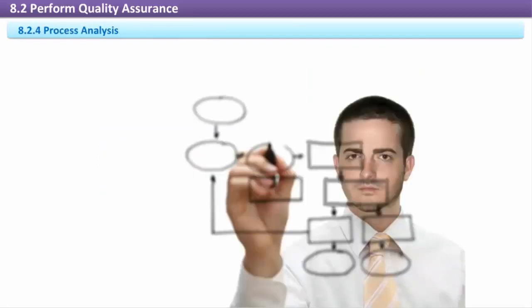Process analysis. Process analysis is a generalized tool categorization that involves techniques which examine the project's processes, looking for any non-value-added activities and inefficiencies. Process analysis techniques implement the continuous improvement plan.